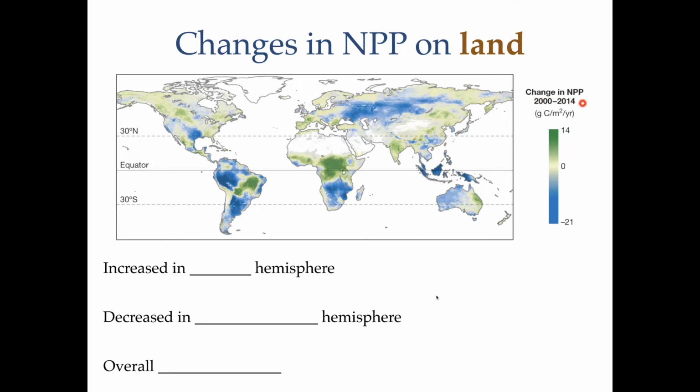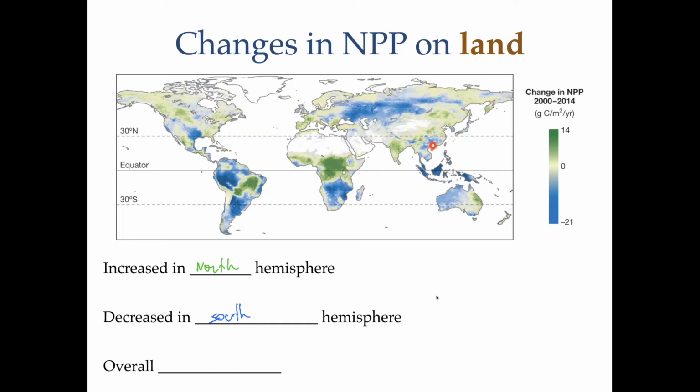So in just 14 years, what we observed is that net primary productivity increased in the north hemisphere, and it actually decreased in the south hemisphere. And it wouldn't be so surprising to have an increase in net primary productivity if you think about the emissions of carbon dioxide, which increased a lot. So if you have more carbon dioxide, you can expect that you are going to be able to perform more photosynthesis. And that is what is happening here in the North Hemisphere.